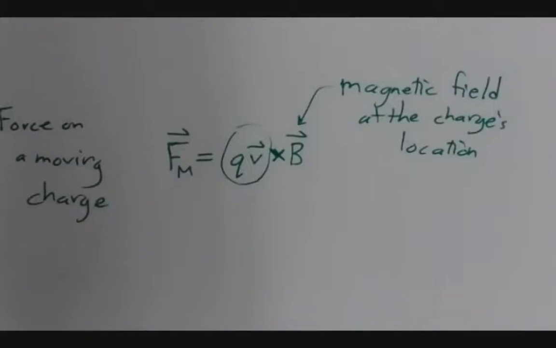Well, one little experiment you could do, if you want to know if there's a magnetic field present, is put a little charge down, know the amount of charge you have, fire it in a certain direction, and see if it feels a force.